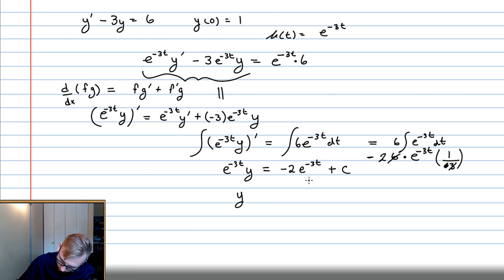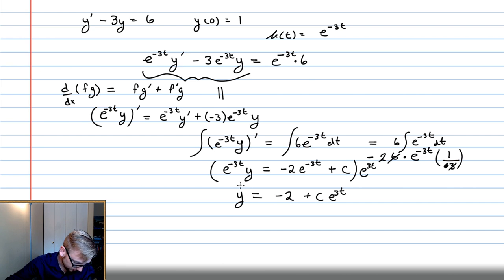So then we'll write this kind of in brackets and go e to the 3t. Now the negative 3t and the 3t will cancel out because you add exponents. And this one will cancel out as well, so you'll have a negative 2. And you'll still have your constant, plus constant times e to the 3t.